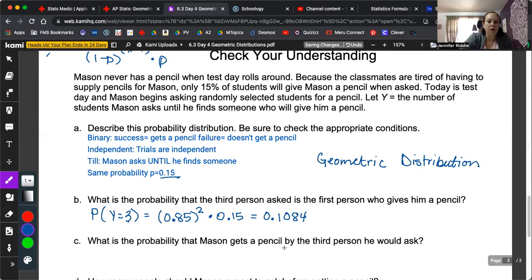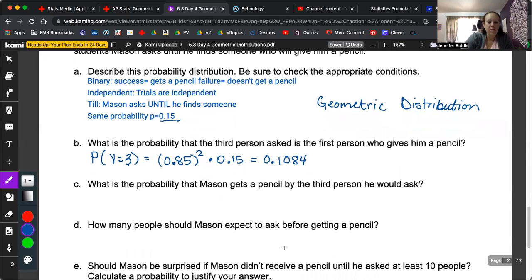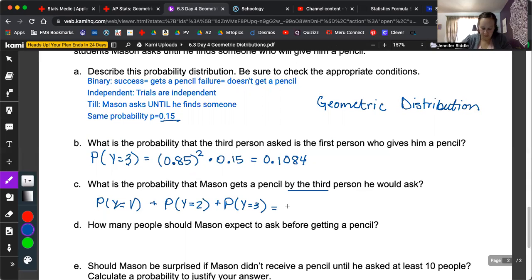For part C, it says, what is the probability that Mason gets a pencil by the third person he would ask? So how is this different? Well, he could get a pencil on the first person, plus the probability that he gets a pencil on the second person, plus the probability that he gets a pencil on the third person, which ultimately is going to come out to 0.3859.